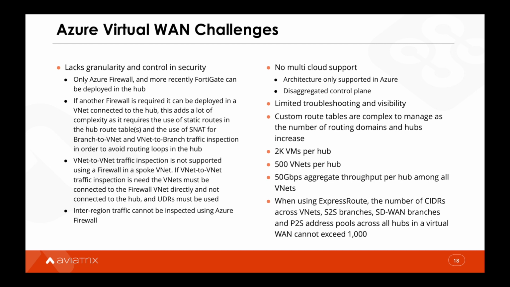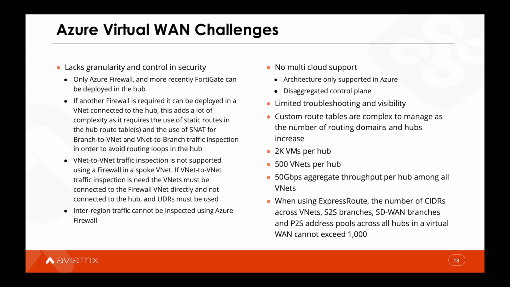There are also some scalability limitations with vWAN. For example, a single hub only supports 2,000 VMs across all VNets that are connected to that hub. And because Virtual WAN uses VNet peering to connect the virtual networks to the hub, only 500 VNets can be connected to a hub, including remote hubs.